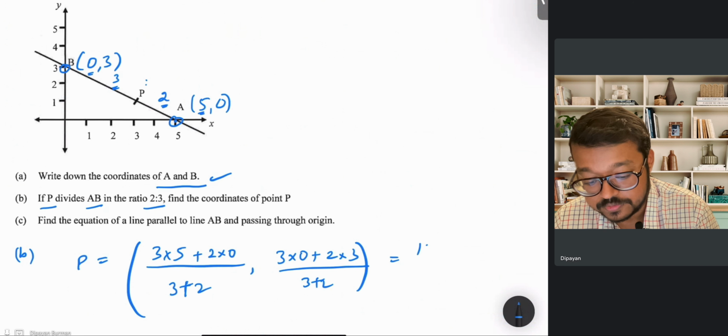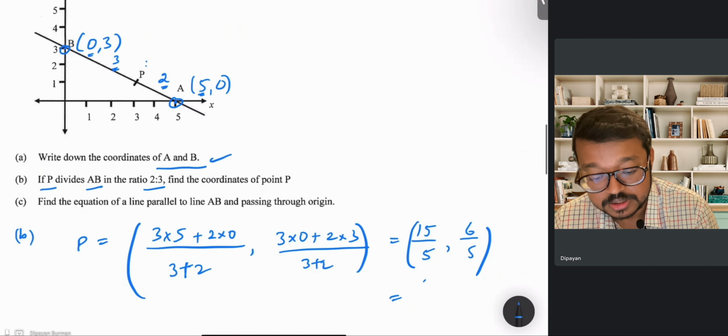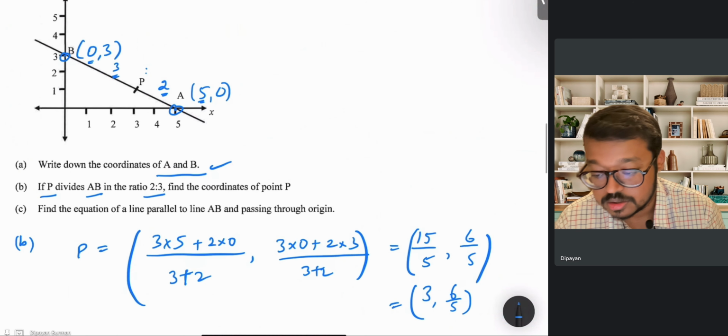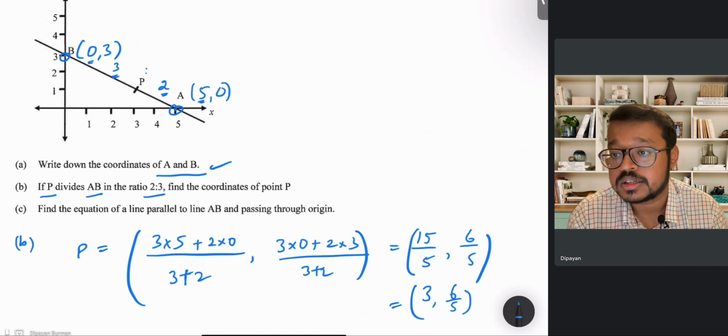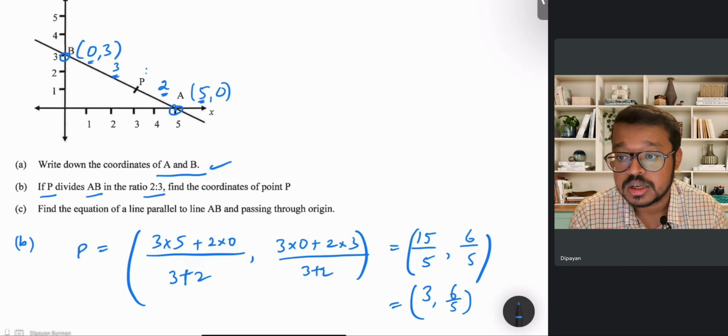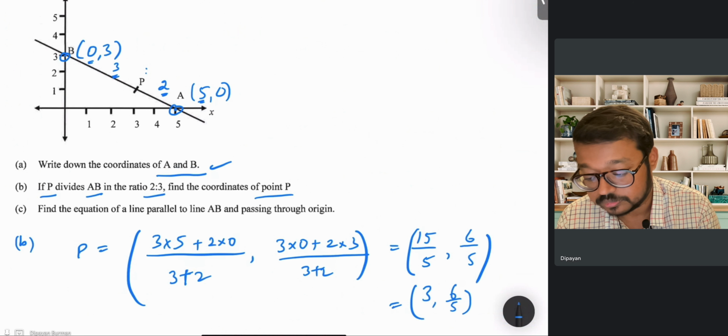So we have 15 by 5 comma 6 by 5. So we have 3 comma 6 by 5. If I had just looked at the diagram, it is close to 3 comma 1, but the y coordinate is not exactly 1, it is 6 by 5. So that's the coordinate of point P.